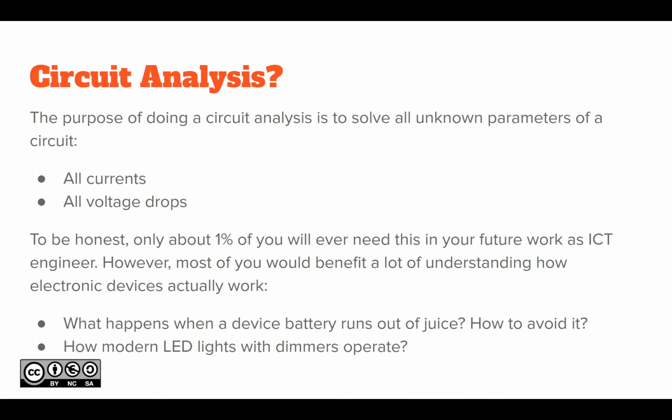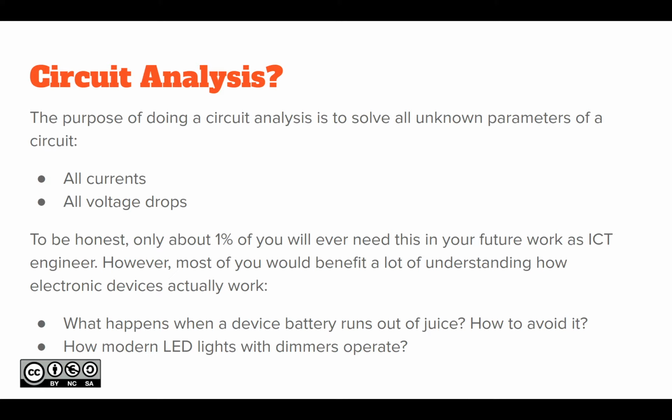And okay, there are a couple of simple everyday life examples here. For example, what happens when a device battery runs out of juice, how to avoid it. Okay, now we are talking about power consumption, especially the current consumption, how much current is actually taken out of the battery, like on the first exercise.